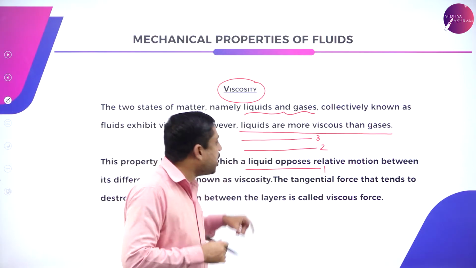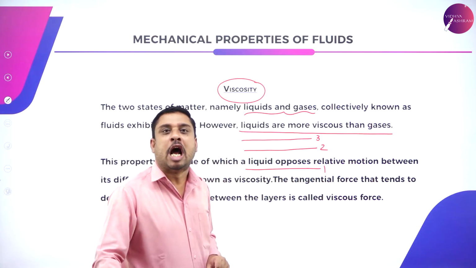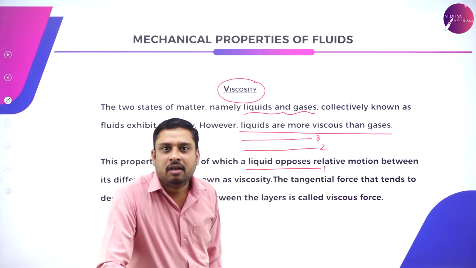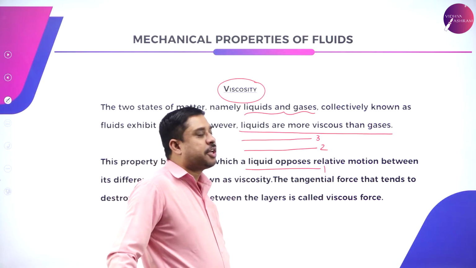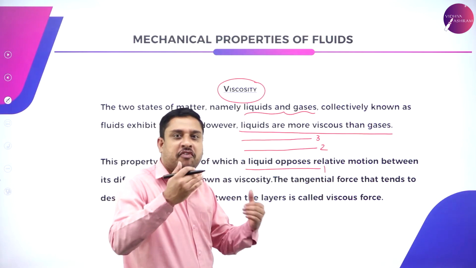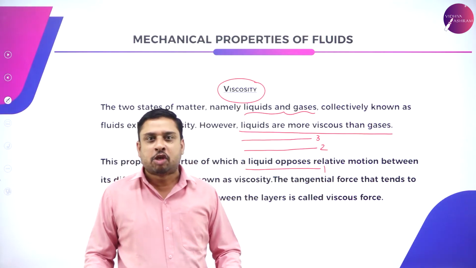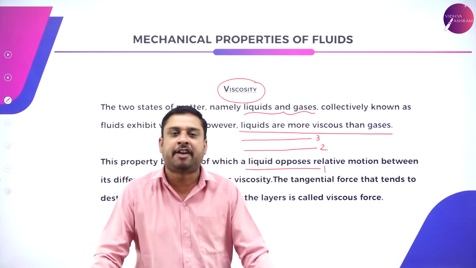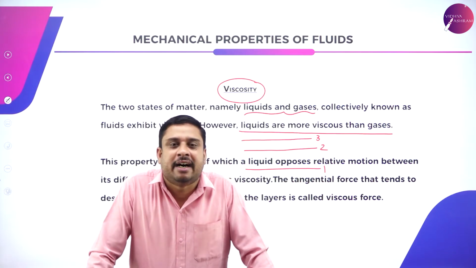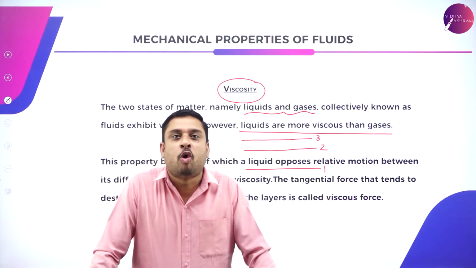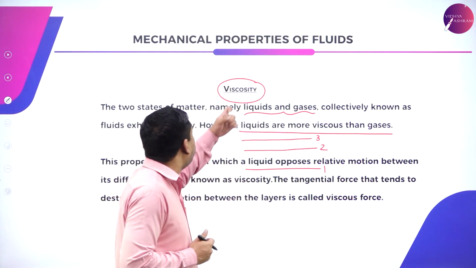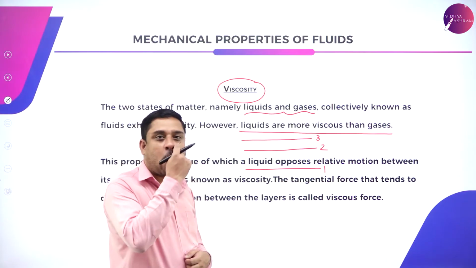The second layer of fluid will oppose the motion of the first layer. The third layer of the fluid will oppose the motion of the second layer. So thereby, if you can observe, every single layer will oppose the motion of the other layer, and this property is called viscosity.